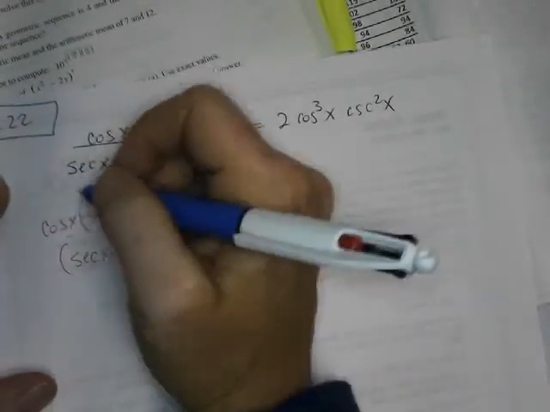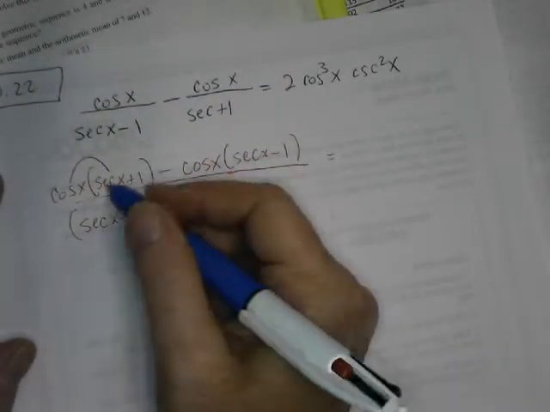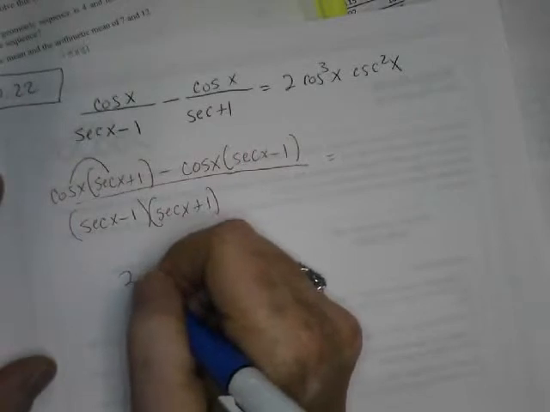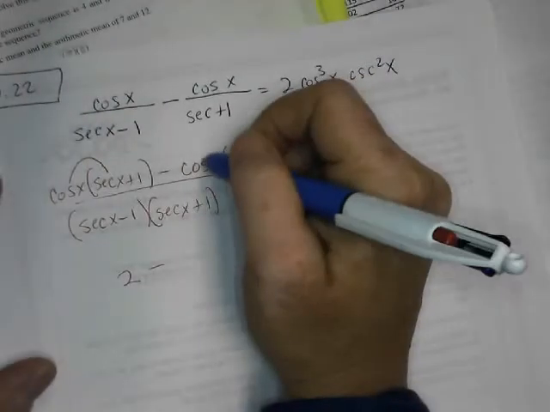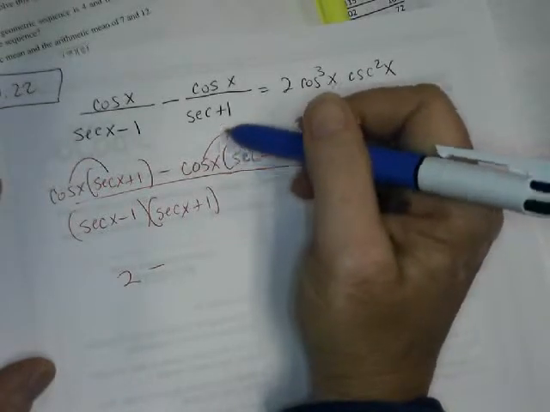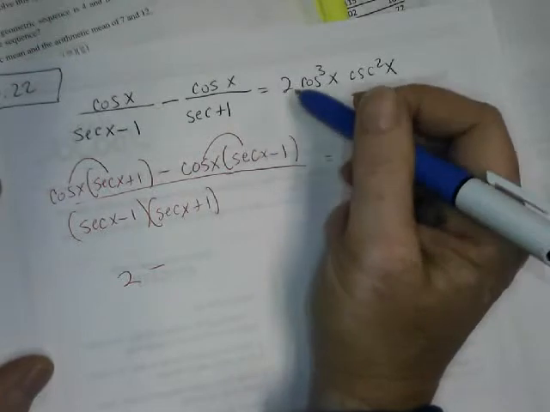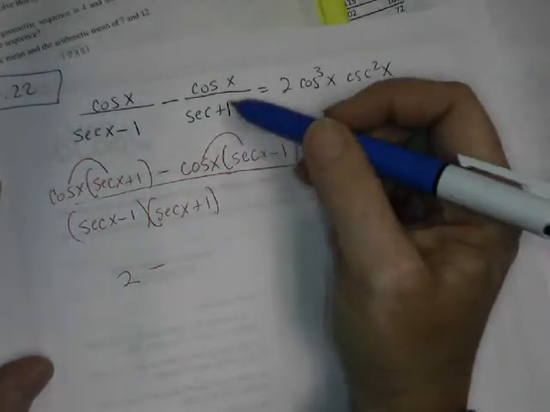So cosine times secant, because they're reciprocals, equals 1. 1 plus 1 is 2 minus 1, minus 1. I'm going to mess up my signs on the easiest thing, huh?